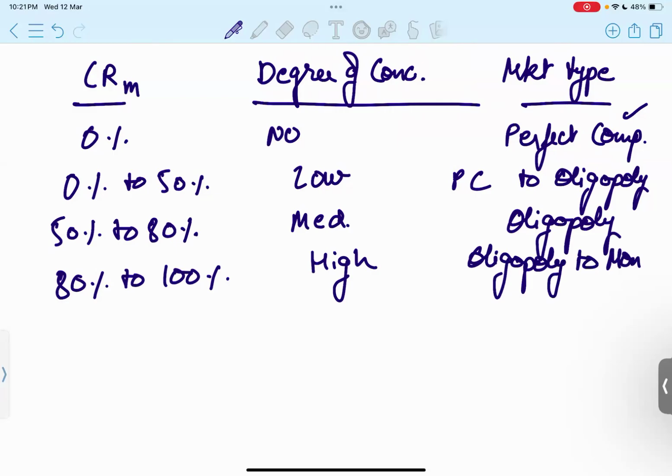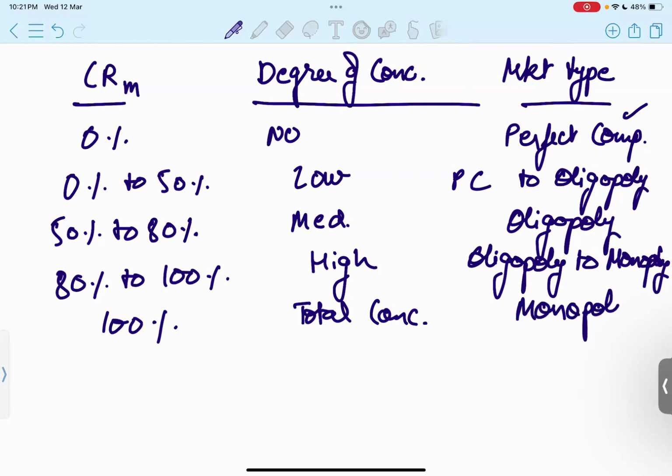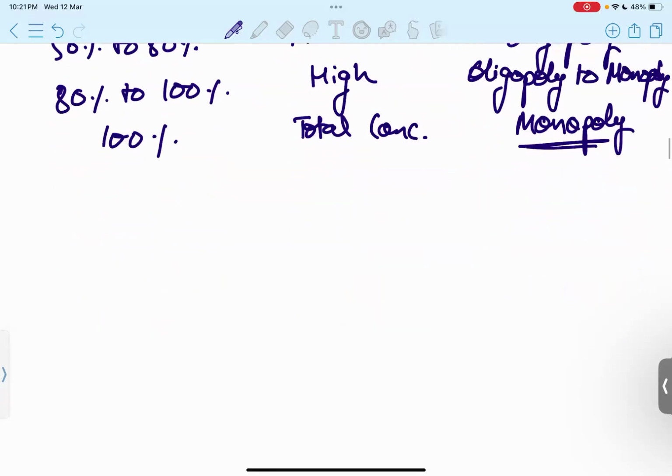As the concentration ratio increases gradually, the monopoly tendency and intensity increase. When the concentration ratio is 100%, a monopoly market is operating. So this is the relation between these three things.